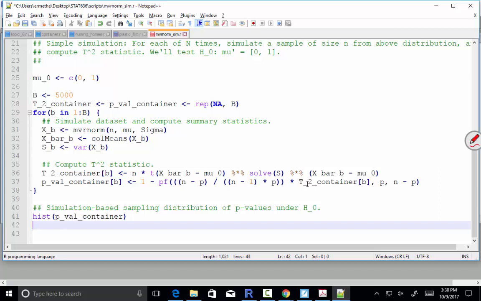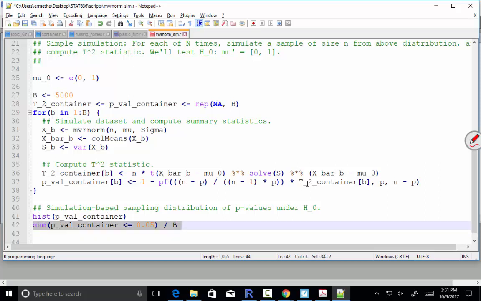Based on your simulation, you could just say, how many times would I have gotten a 0.05 or smaller, less than or equal to? How many times, and divide by the total number of times. What proportion of my p-values were small enough to reject?